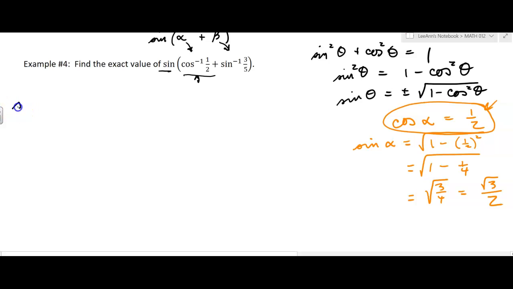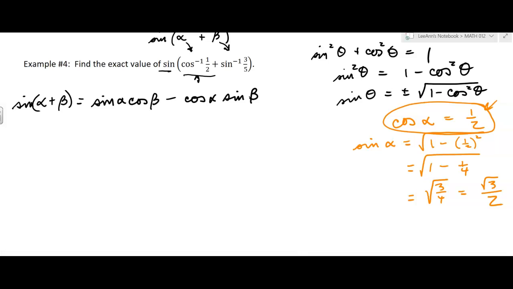So we know that sine of alpha plus beta is equal to sine alpha cosine beta, that's our new formula, minus cosine alpha sine beta. And now we can start filling things in.